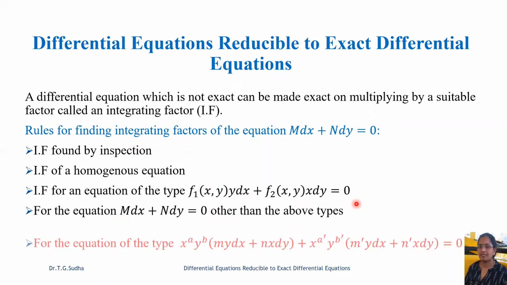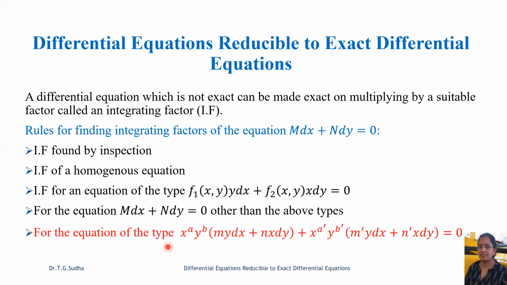Now in this session, we are going to discuss the equation of the type x to the power of a into y to the power of b into (m y dx plus n x dy) plus x to the power of a dash into y to the power of b dash into (m dash y dx plus n dash x dy) equal to 0.